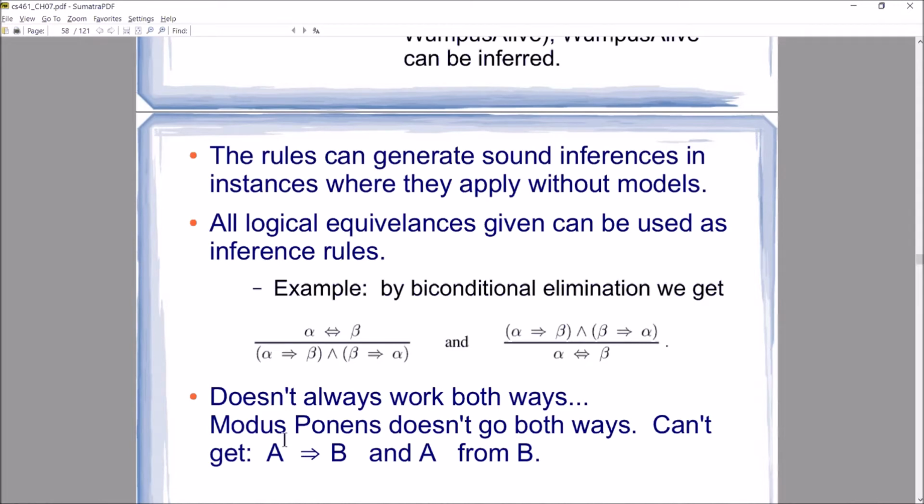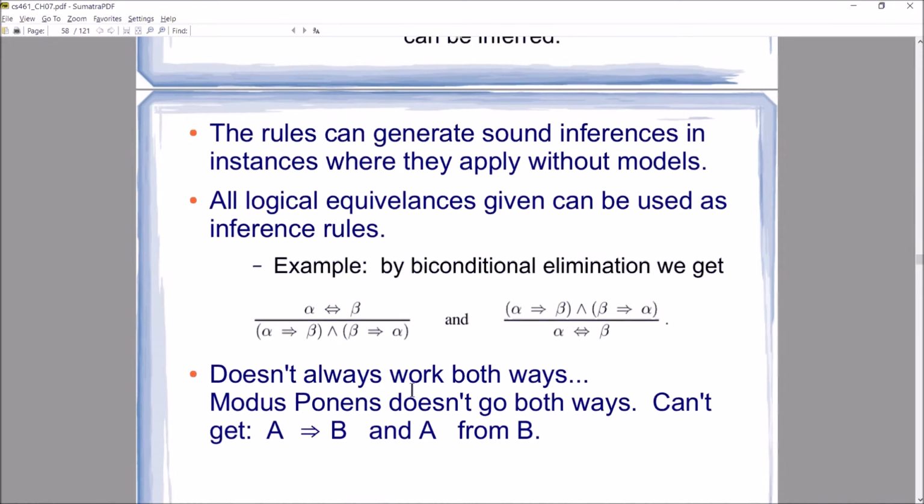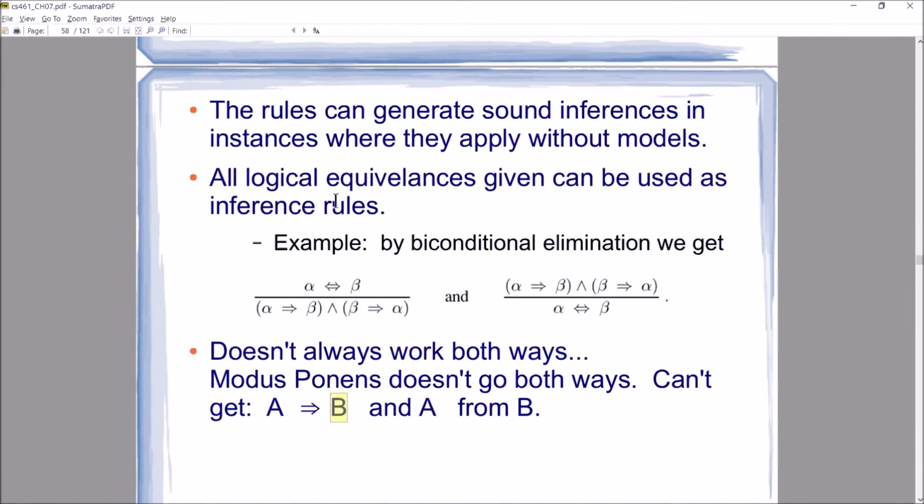You can't get A implies B and A from B. So what that means is that you can't say, well, A must be true because B is. It doesn't work that way. You can only use modus ponens to say, well, if A is true, then I can infer B. You can't do it in the reverse. You can't say, well, if B is true, that infers A. It doesn't work for modus ponens, but it does work for all of the logical equivalences.